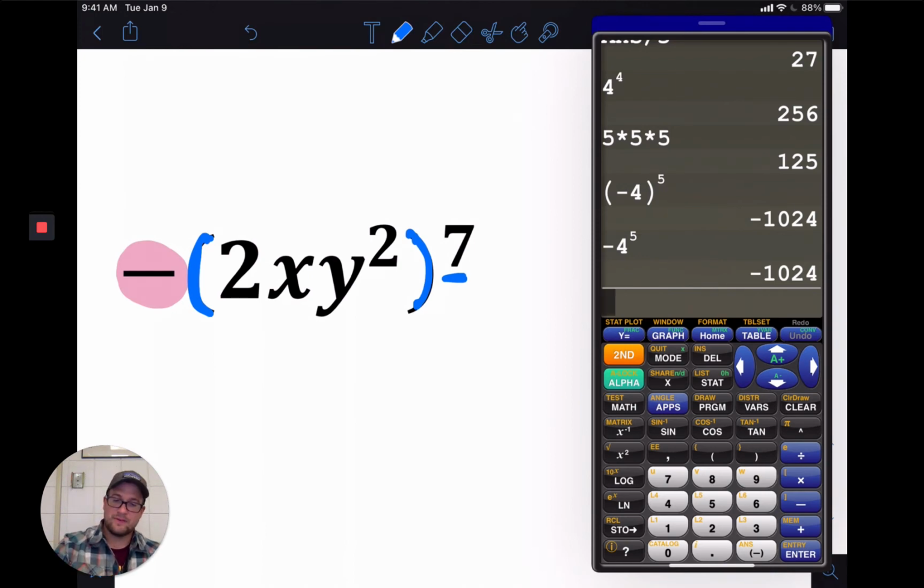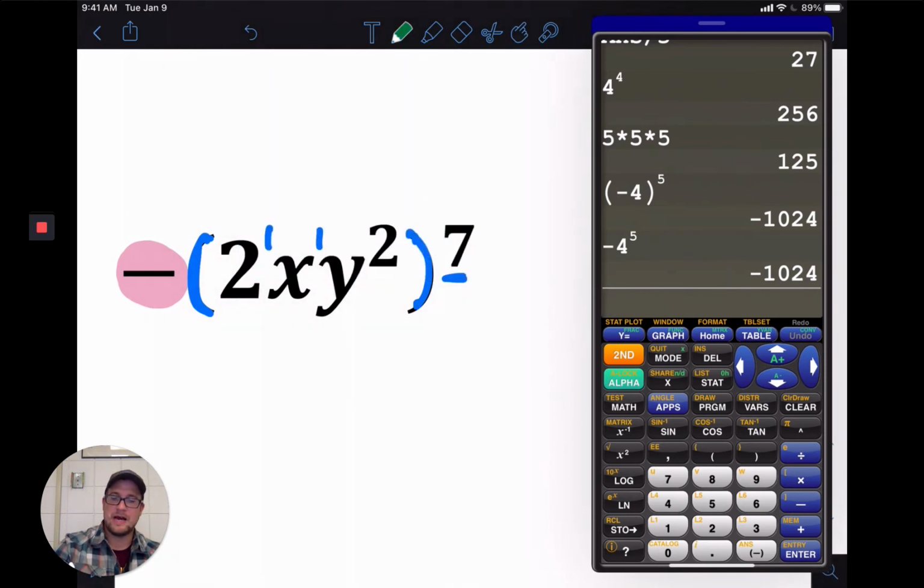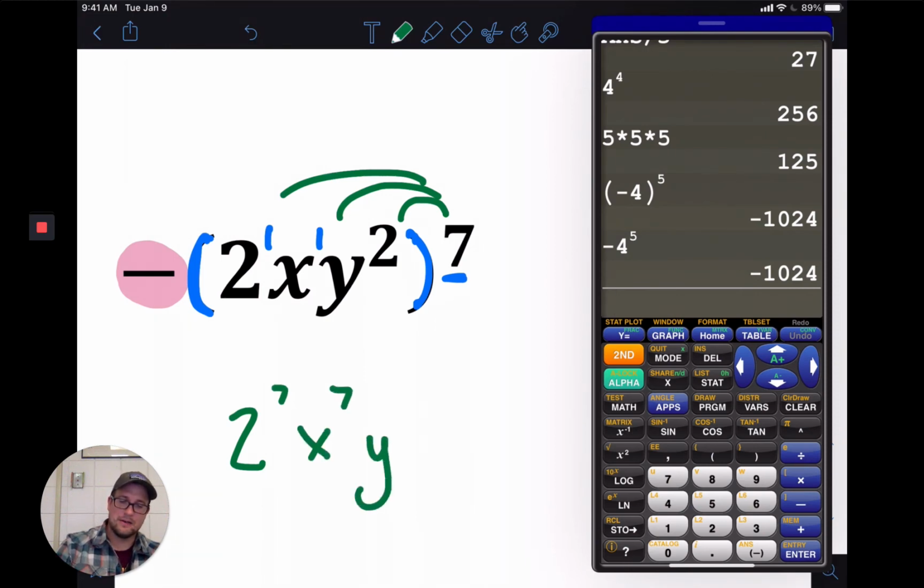Whenever we see parentheses, that's that PMME. Parentheses mean multiply exponents. So now we're going to distribute, distribute, distribute. The base does not change, ladies and gentlemen. So I'm going to have 2 to the 7th, x to the 7th, and y to the 14th, with the negative out front.